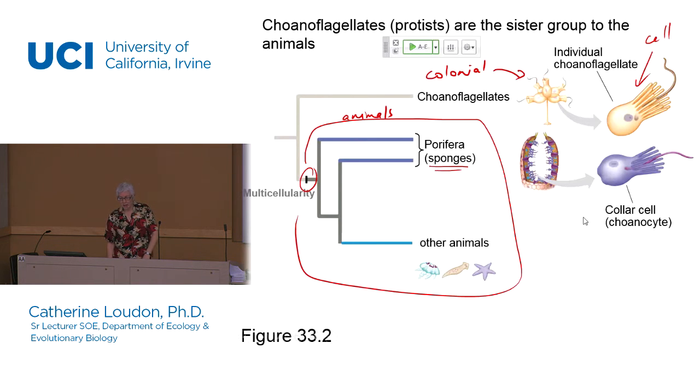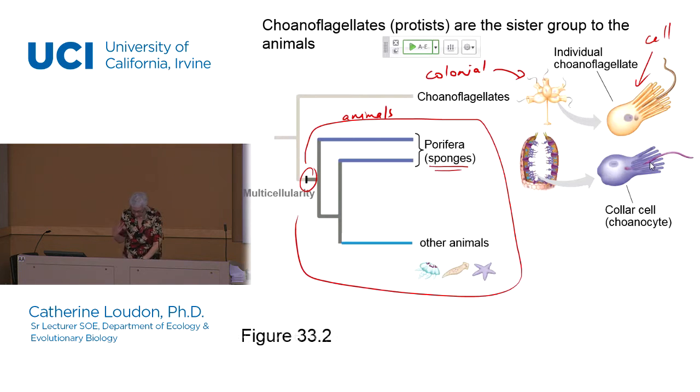And some of the cell types are so-called collar cells or choanocytes, and they are virtually identical to the choanoflagellates. Look at this as shown here. There are cytoplasmic extensions that form this structure like a collar, and then there is a flagellum in the middle of this collar as shown here.